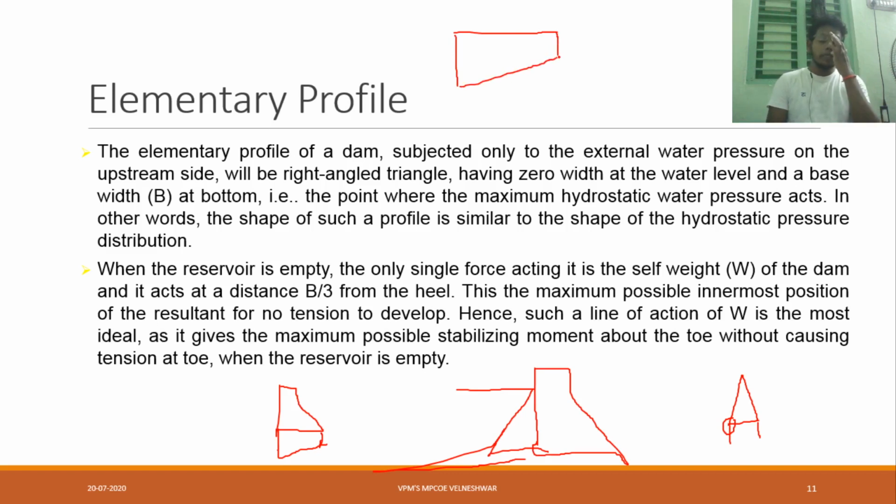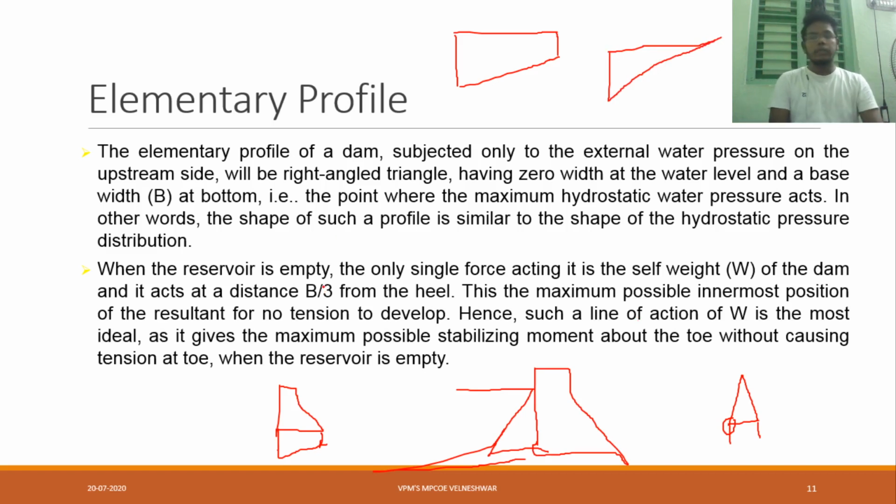This type of pressure distribution diagram we have seen in the retaining wall also. The same will follow here. Maybe zero will be there at the top, or there will be some pressure, and that pressure will increase. This one we can say P minimum, and this one P maximum. This is for the retaining wall. But coming to the elementary profile, obviously it will be zero only. In this way our profile will be there.